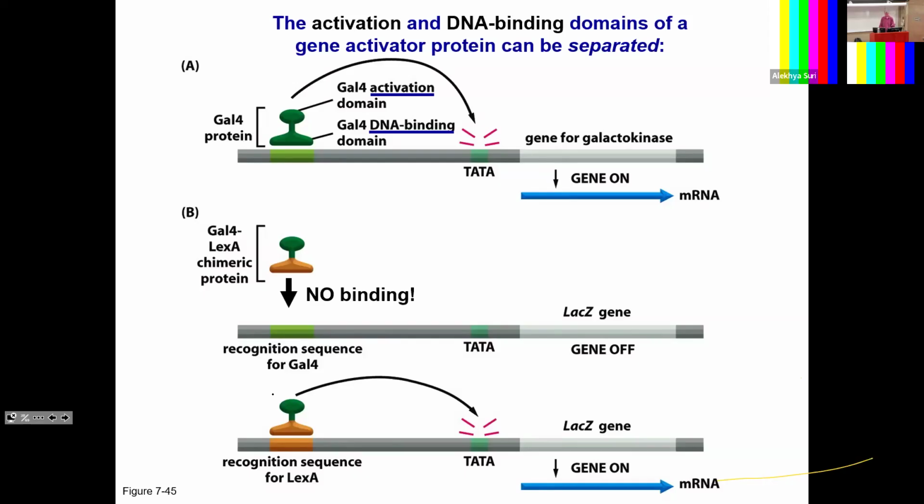So this demonstrates that you can separate the activation domain, this is still present here, and this hybrid protein is bound to the DNA upstream of the LexA gene here. For example, this would be activated. So again, you want to know that the activation domain and DNA binding domain do not depend on each other. They can be separated.